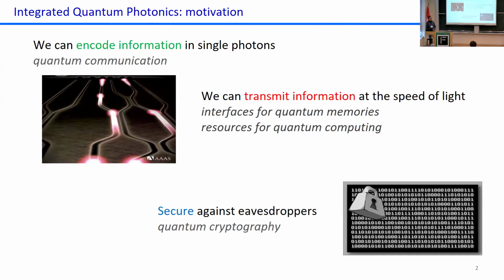It can be secure against eavesdroppers if we implement, for instance, quantum cryptography protocols. And in general, quantum light can be seen as a resource for a variety of quantum technology applications. For instance, it can be used as an interface for quantum memories, or in general to connect different qubits, for instance, in quantum computation schemes.